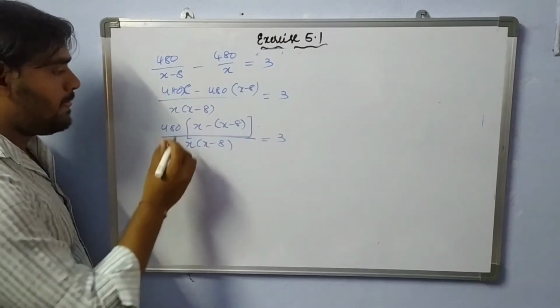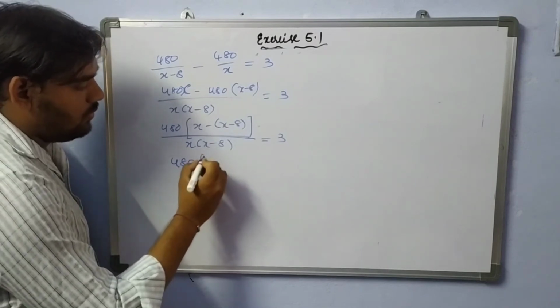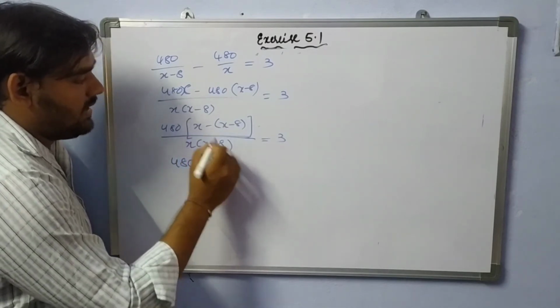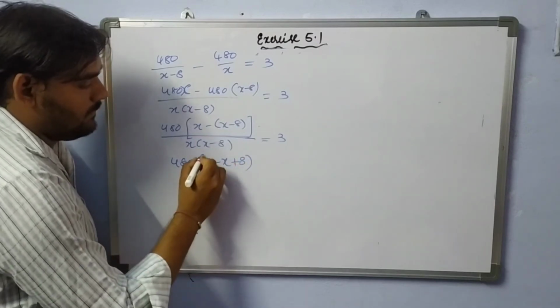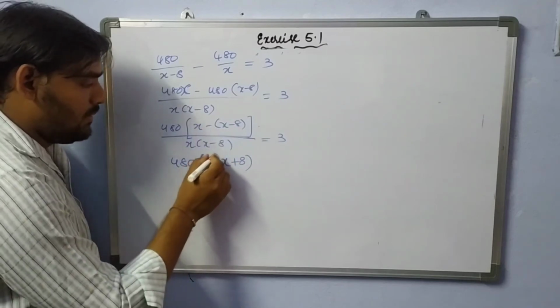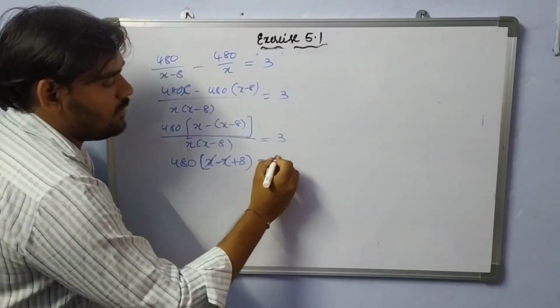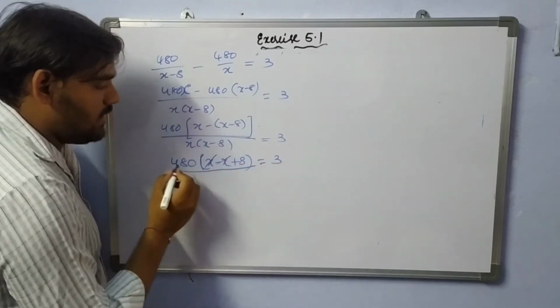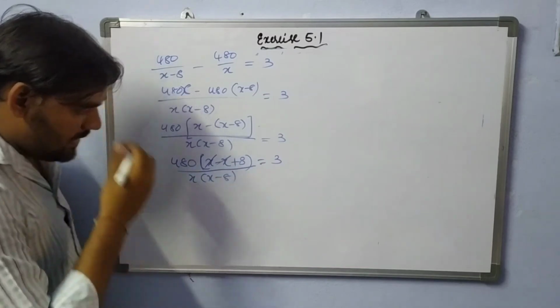So here 480 into x minus x plus 8, the x minus x gets cancelled, is equal to 3. But here we need to write divided by x into x minus 8.